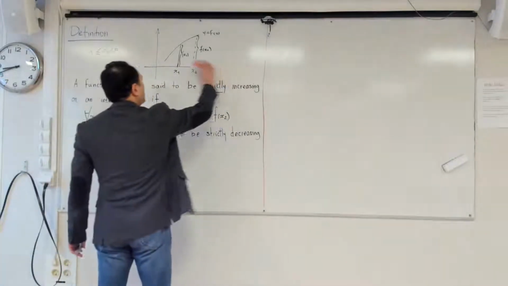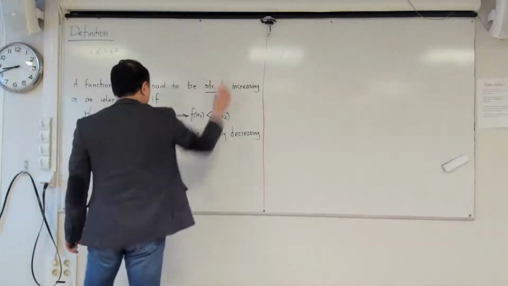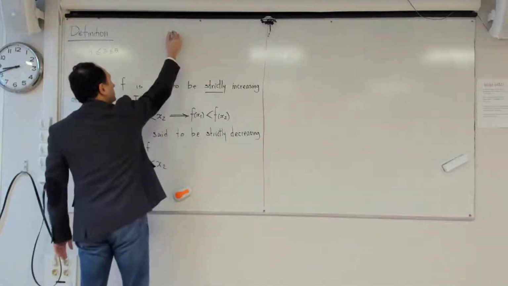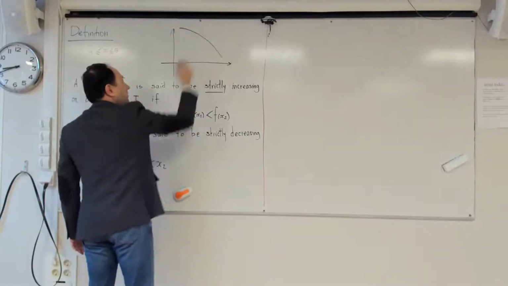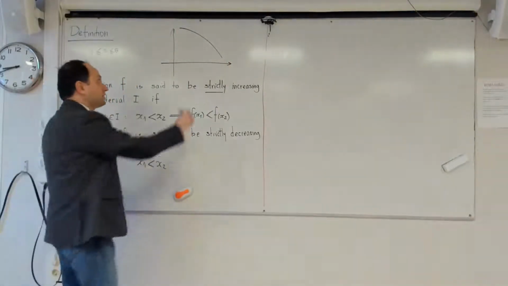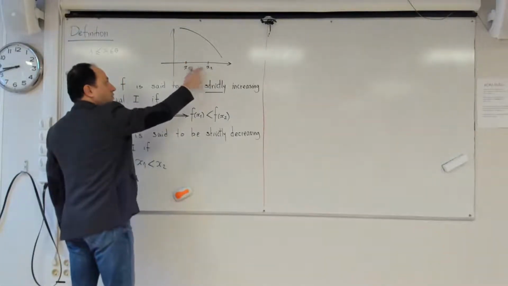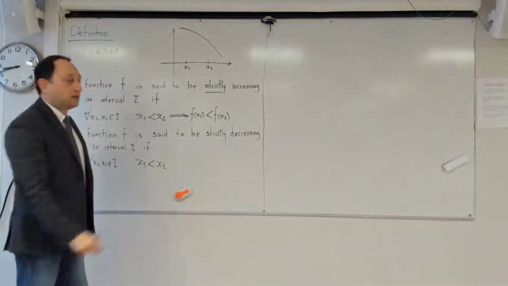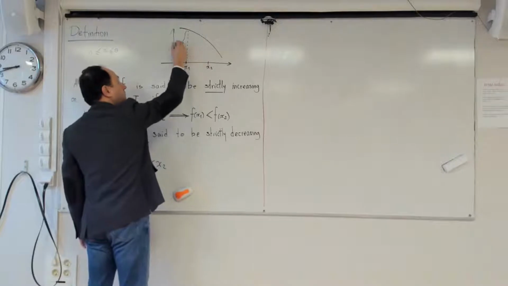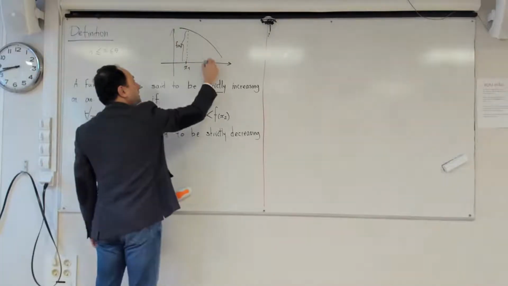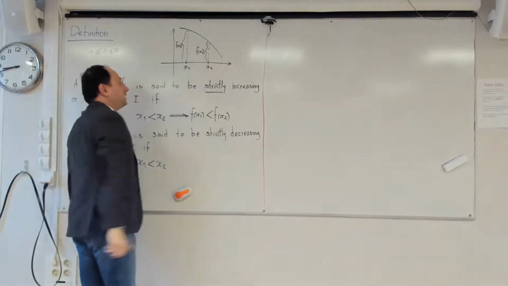We learned about the meaning of decreasing function. Let us just understand it pictorially. So here I have a function which is going down when I go to the right. Then it means that if I choose x1 and x2 here, so that x1 is less than x2, then the height corresponding to x1 would be f of x1, and the height corresponding to x2 would be f of x2.